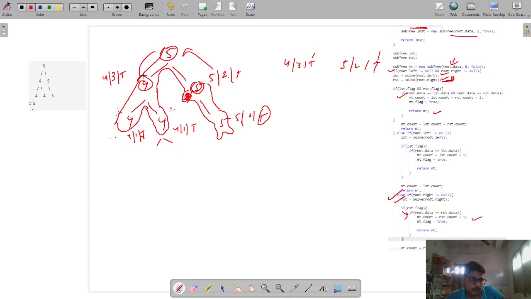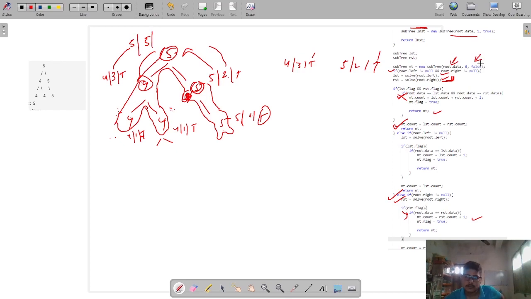So if this value is equal to this value is equal to this, so this value is not equal to this, right? So this condition fails. So we will execute this line. So my count will be left subtree count plus right subtree count, right? So it will be 5, and I will assign right. So my data is 5, I will return my count as 5, and I have initialized the boolean value as false.